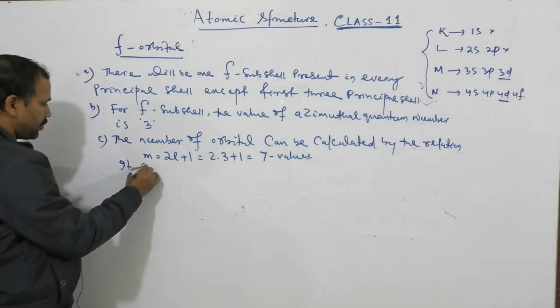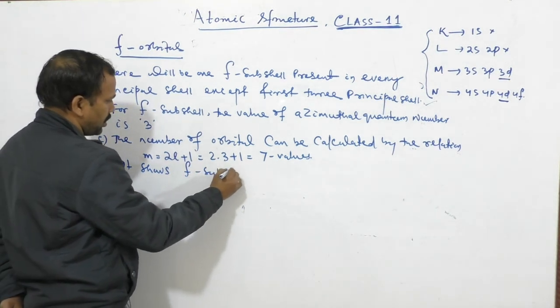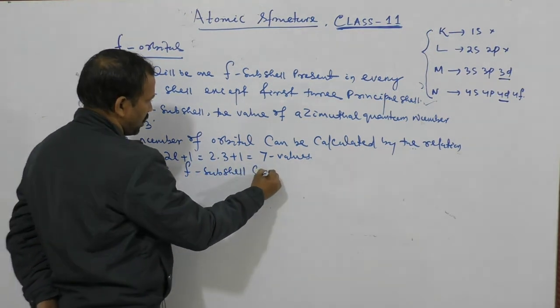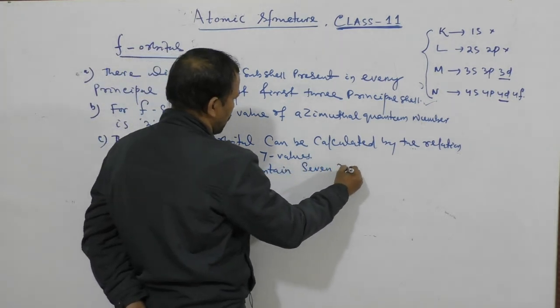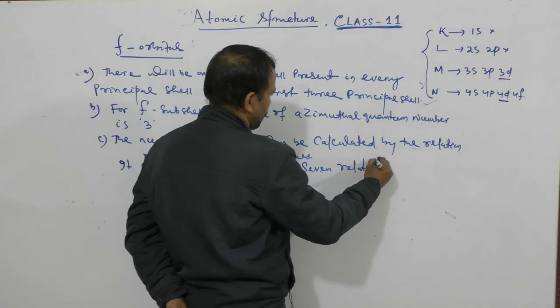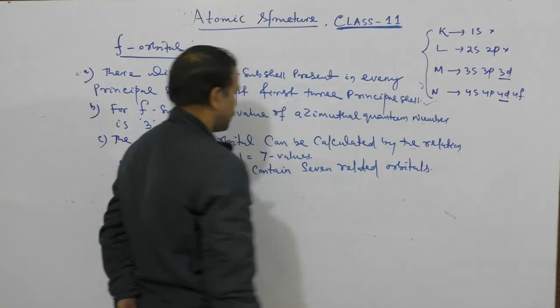It shows the f subcell contains 7 orbitals.